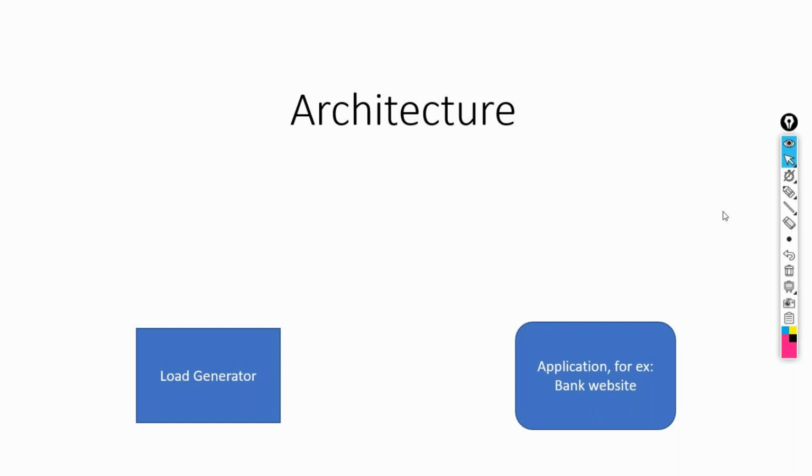Okay, now what is the next step? When you want to do performance testing for a bank application, how will you do it? Basically, the client or the application team will give you some critical scenarios for that banking application, which are very, very important.